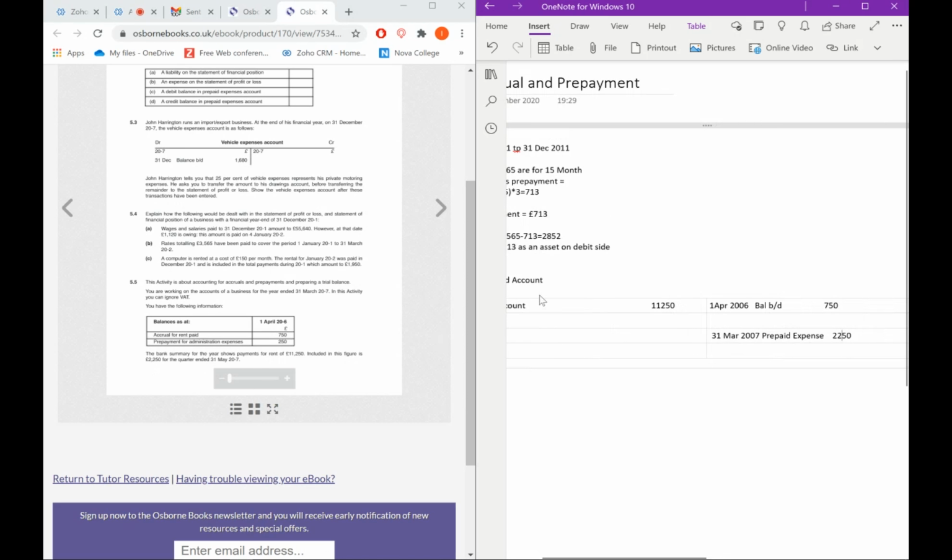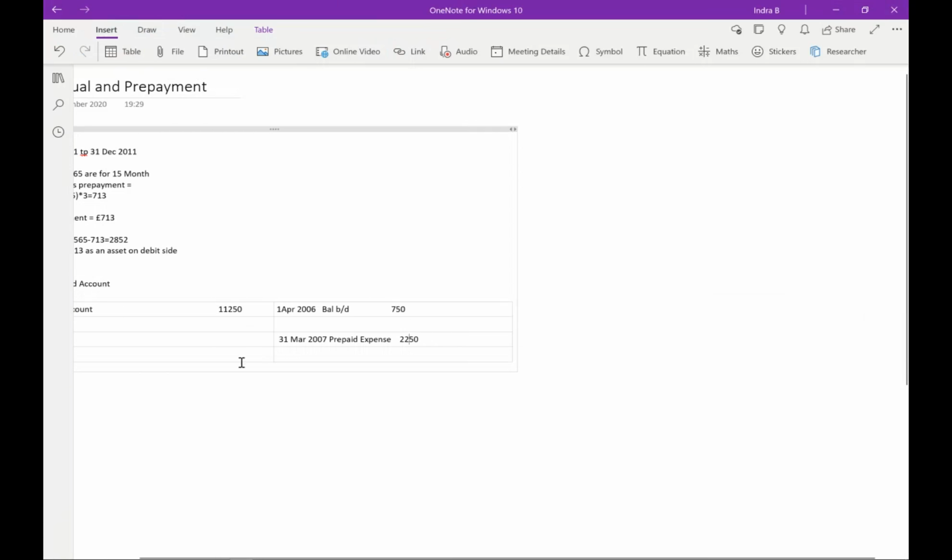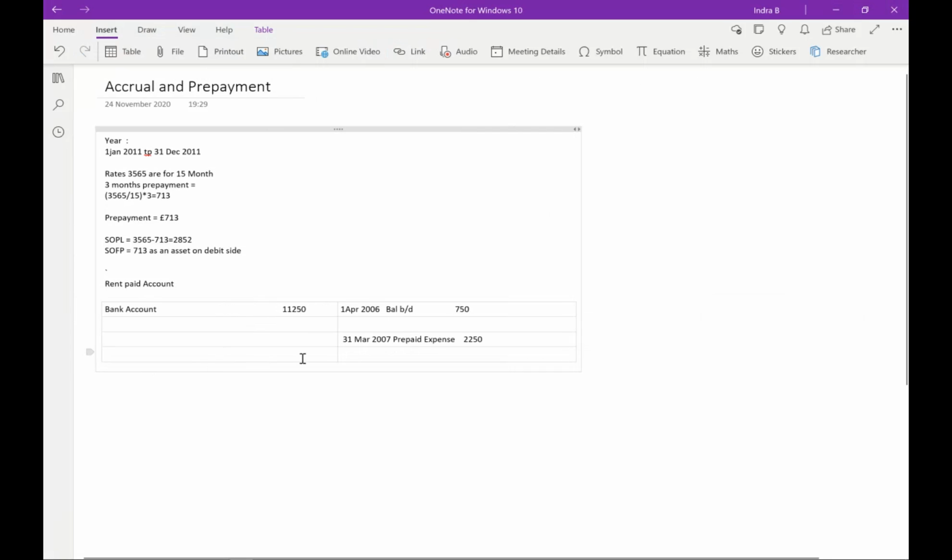Now we have to see what is the balance going to the P&L account, because this is the account we have prepared. If we close this down, we will total this up, and the total will come to 11,250 because this side is more, and we will put 11,250 here also. So the balancing figure will be going to the P&L account.